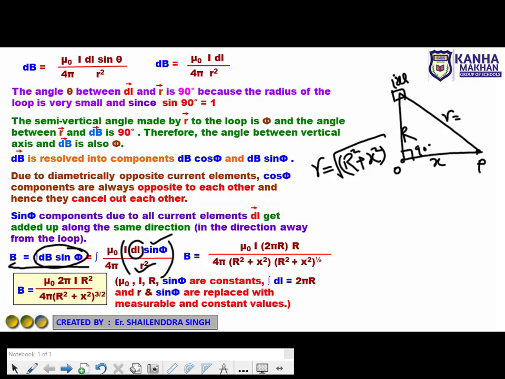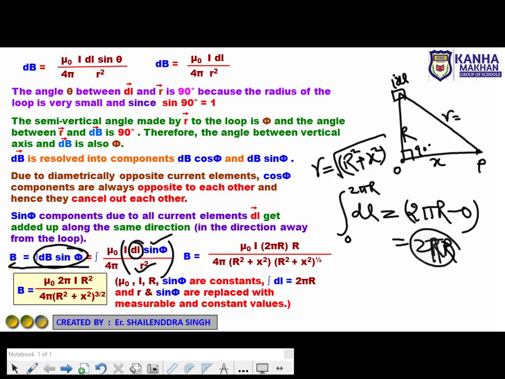When we integrate dl with the proper limit, the integration of dl is given from 0 to 2 pi R for the given loop, because your loop has radius R. So it will be 2 pi R minus 0, which becomes 2 pi R.